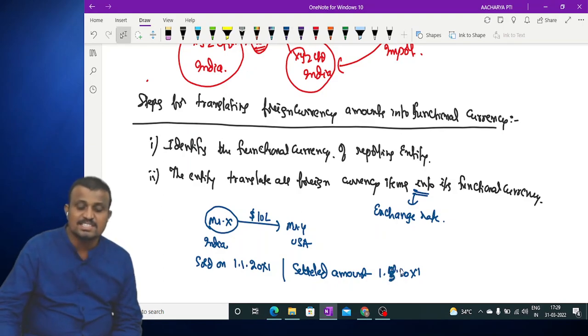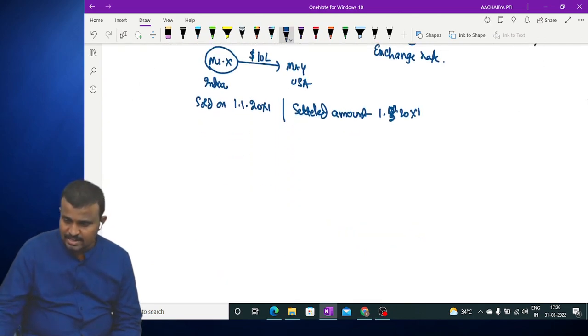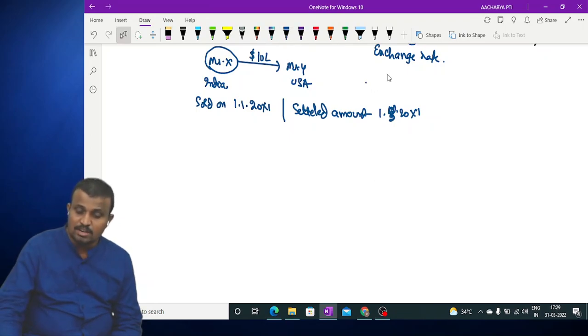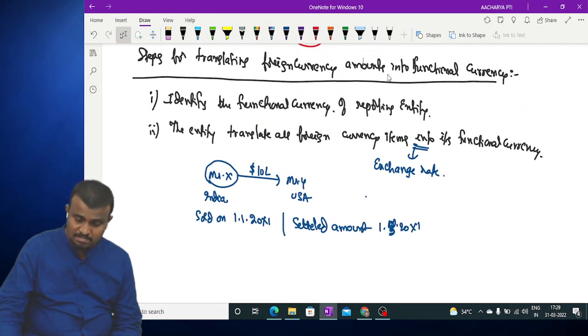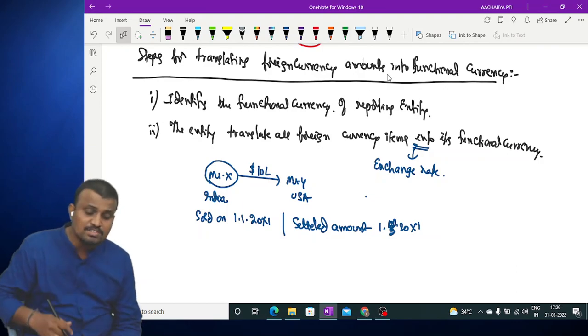Then which rate is considered? Whether the rate available on the date of transaction is considered every time, or the rate available on the date of settlement is considered. That is the question.